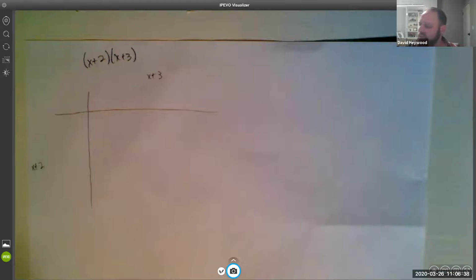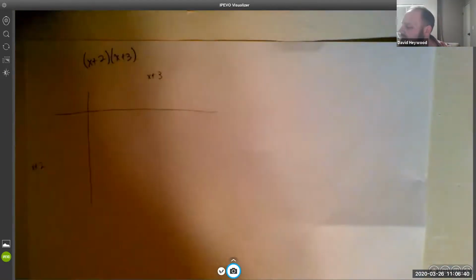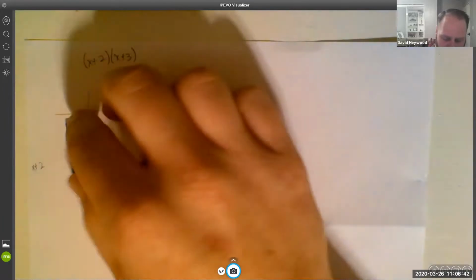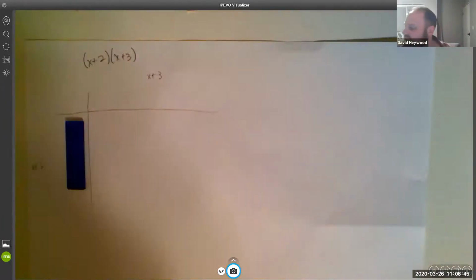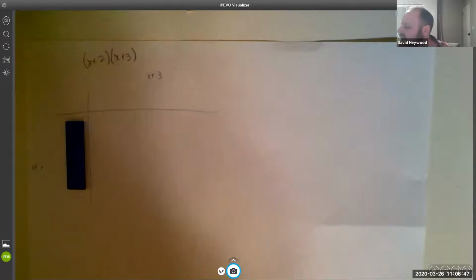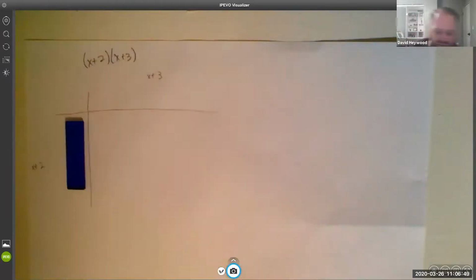Okay, so let me put my tiles on the board. So for x plus 2, I'm going to have an x tile, and then 2 units.